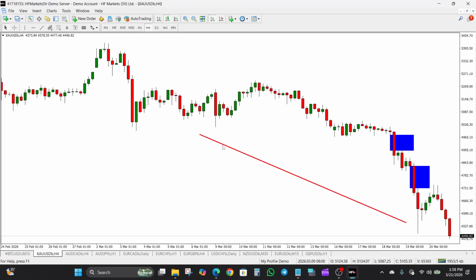For example, in a downtrend, traders look for price to retrace into a bearish FVG and then continue downward. So the key takeaway is that FVGs highlight imbalances in the market, and using the average level within them can help refine entries.